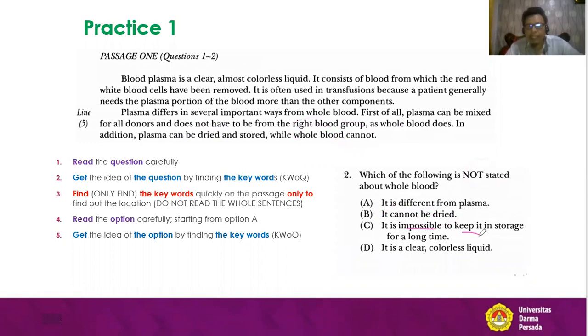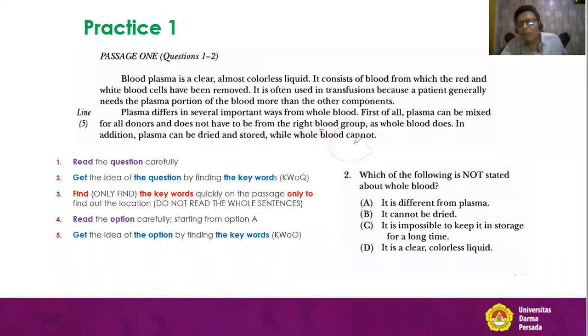Impossible to keep in storage. Let's see the word storage. Do you find the word storage in the passage? No, but you find the word store. That is the similar meaning. So we can see plasma can be dried and stored. Whole blood cannot.